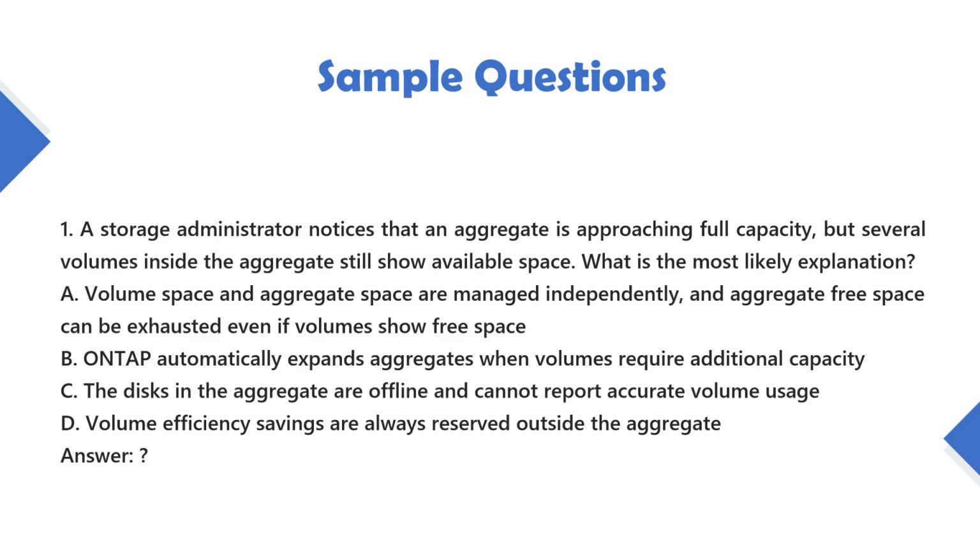B. ONTAP automatically expands aggregates when volumes require additional capacity. C. The disks in the aggregate are offline and cannot report accurate volume usage. D. Volume efficiency savings are always reserved outside the aggregate.